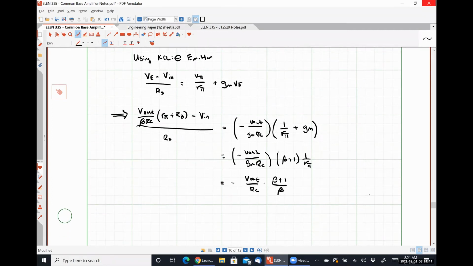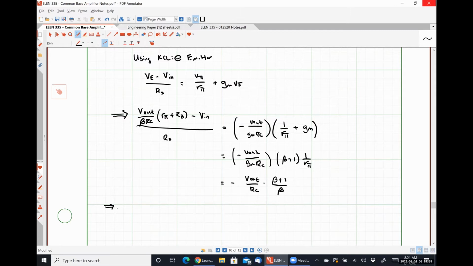So now what I'm going to do is attempt to put all of my V out terms on one side of the equation, all my V in terms on the other side of the equation.